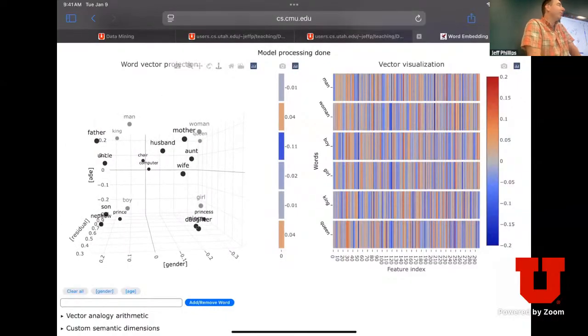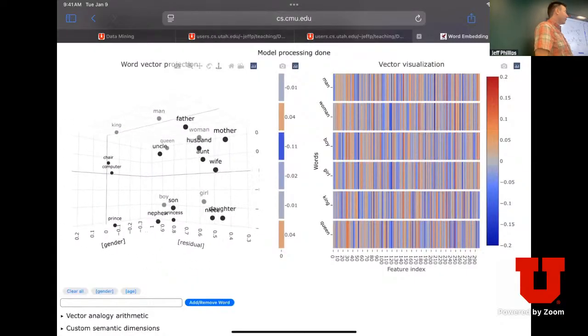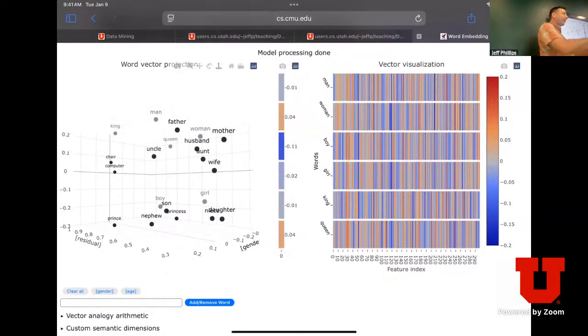If you were to try and place these yourself, you probably could do something better for just this set of probably 10 to 20 words. You could probably come up with even better coordinates that you thought represented it better. But these were learned automatically, and they don't work perfectly all the time.